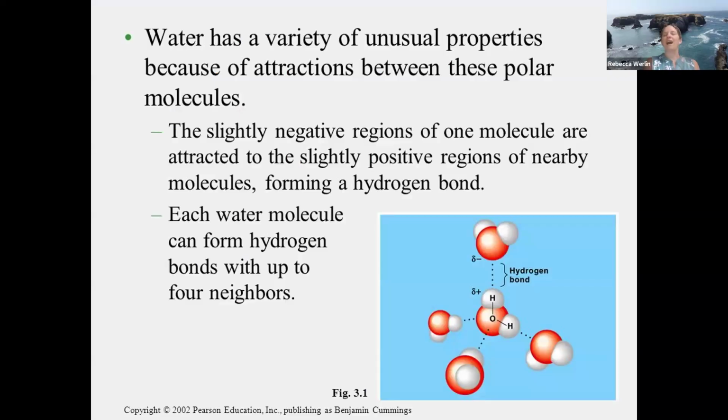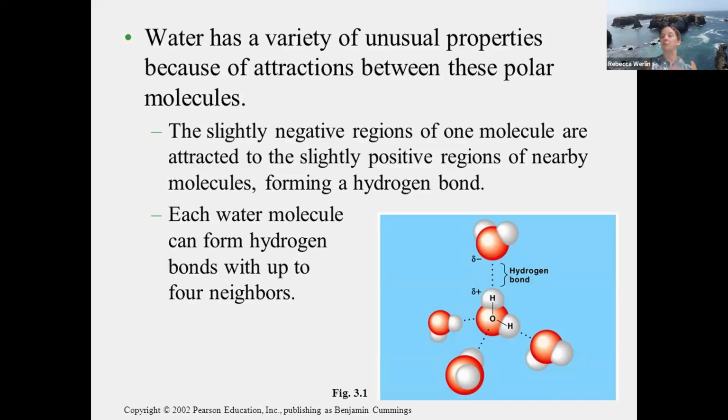And so, ideally, water molecules want to line up so that always the partially negatively charged oxygen is facing partially positively charged hydrogens, and partially positively charged hydrogens are always facing a partially negatively charged oxygen. And so as you can see here, each water molecule will form hydrogen bonds with up to 4 neighbors.